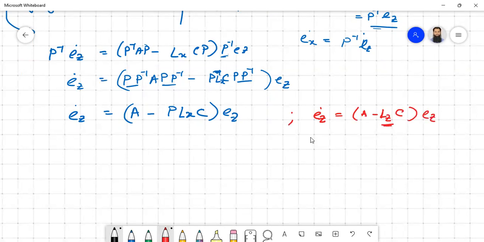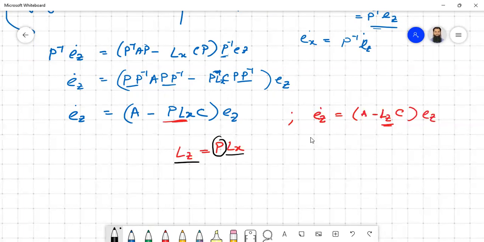So from this one, we can relate that LZ has to be equal to P LX. So once we have designed LX in the observer canonical form, and we know the P, then we can easily find the value of the gains in the original system, and that will be LZ.